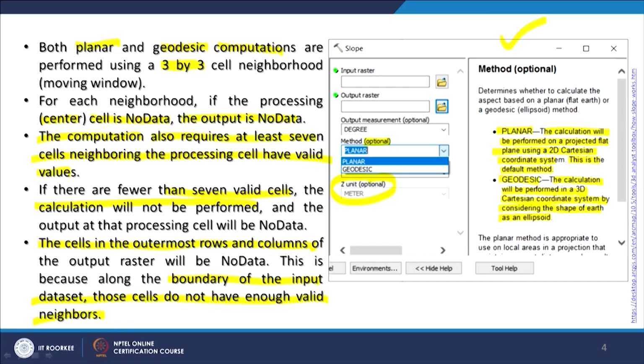If one cell has no data, that is fine, but in the corners or on the margins of your input digital elevation model, more than 7 cells will not have data, and therefore the calculation is not done. So, your output would be reduced by at least 2 cells by 2 cells on the borders. This you have to remember, one cell thick on all sides. It is a kind of border it will create with no data.